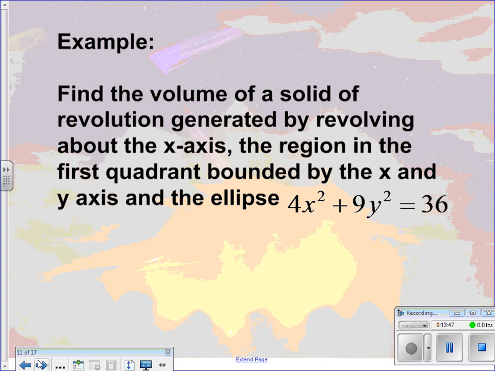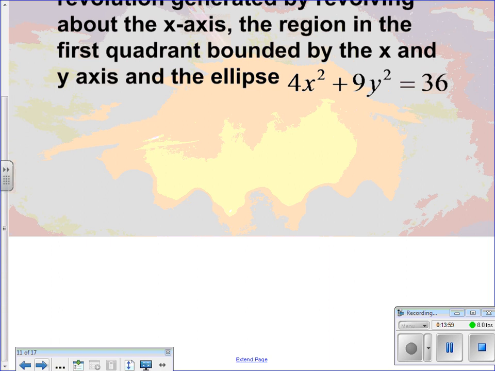Okay. So your first thing you must do, your absolute first thing you must do, is draw a diagram. You absolutely cannot solve these problems without at least sketching a diagram.